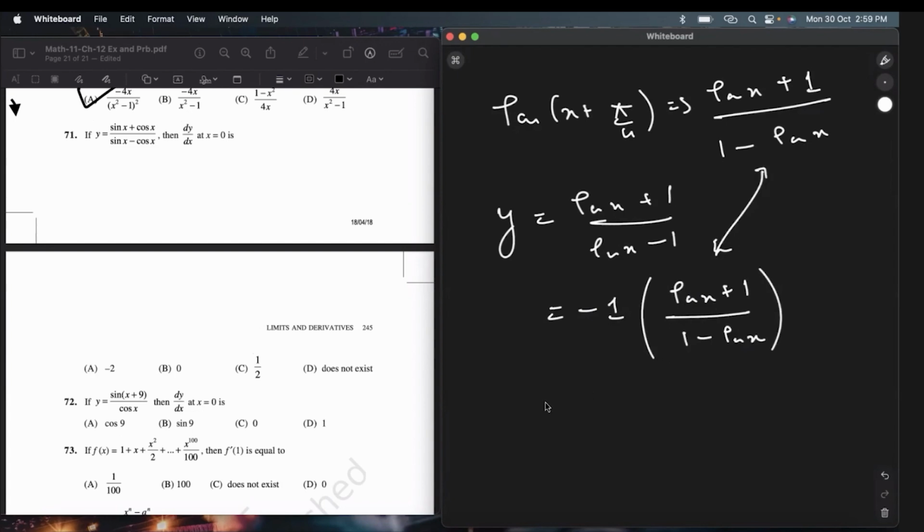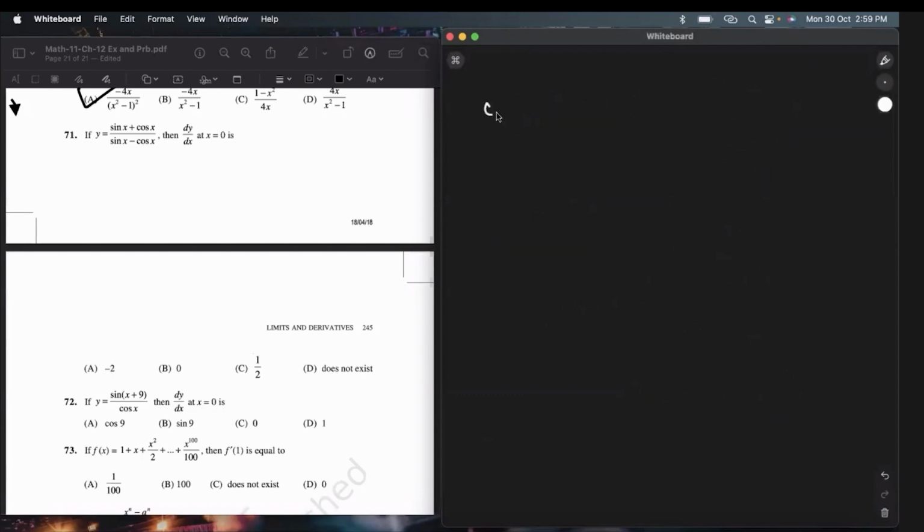So I can write this as minus tan(x plus pi by 4). Alright, this is the new y. Now my question is not tan x plus 1 and all that. My question is minus tan(x plus pi by 4).